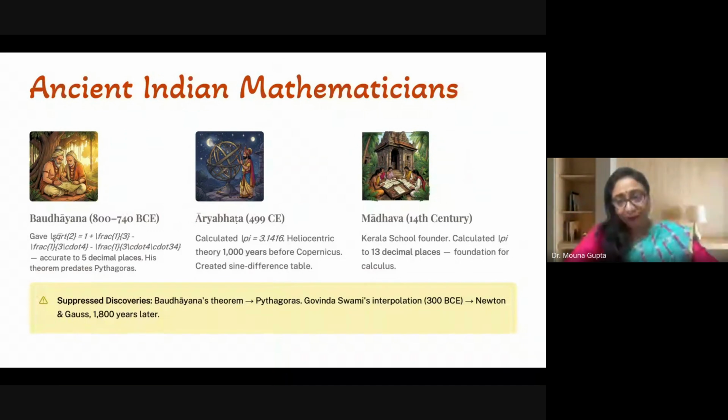Then, when he gave the Bodhayana theorem, it was known as the Bhuja Koti Karna Nyaya theorem, which is now known as the Pythagoras theorem. I would like to repeat this name: Bhuja Koti Karna Nyaya theorem. He drew a triangle with two sides and a diagonal, calculated everything, and stated that the square of the largest side, that is the diagonal, is equal to the sum of the squares of the other two sides.